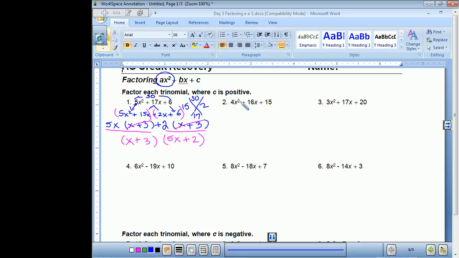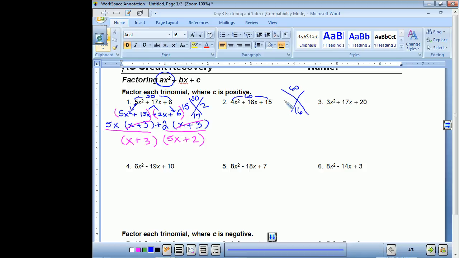This is not a 1, so we do this every time. 4 times 15 is 60. All right, so we ask ourselves, what can we multiply to get 60? And this time we're adding it to get 16. Can anybody think of that one? 10 and 6.